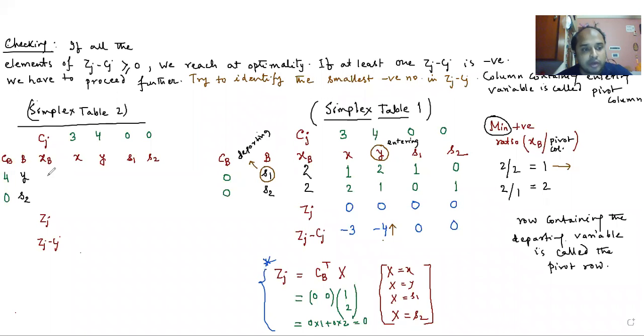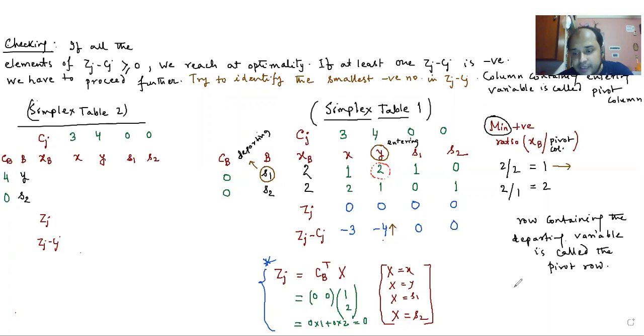Now, what will be the change in this matrix values? First of all, listen to this particular part very carefully. You see one thing, that this is the pivot column and this is the pivot row. They are intersecting at this point. This is the point of intersection.